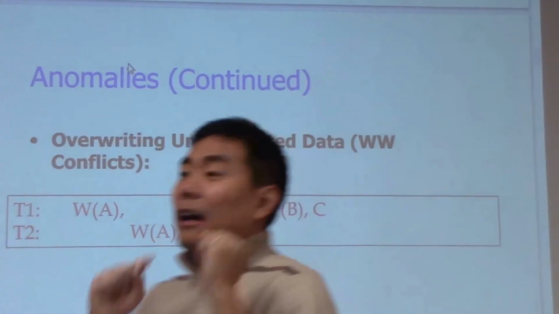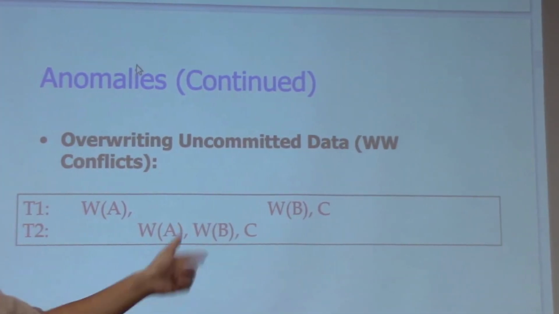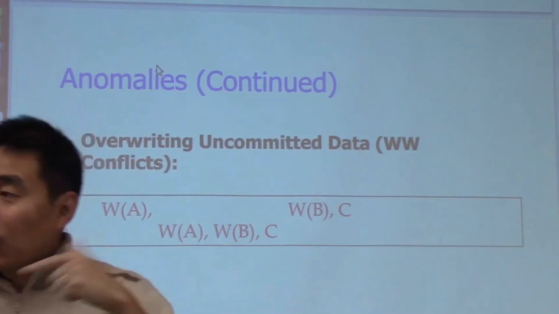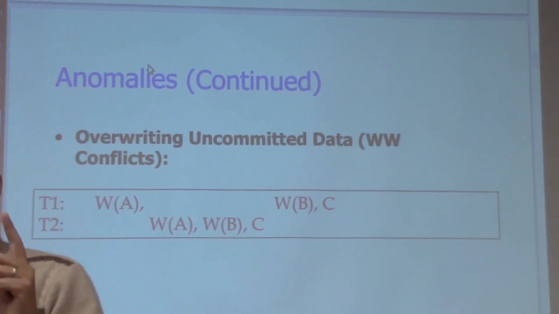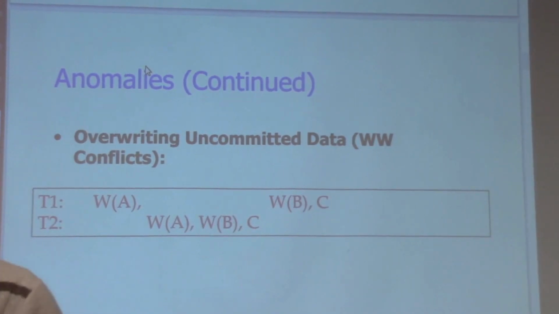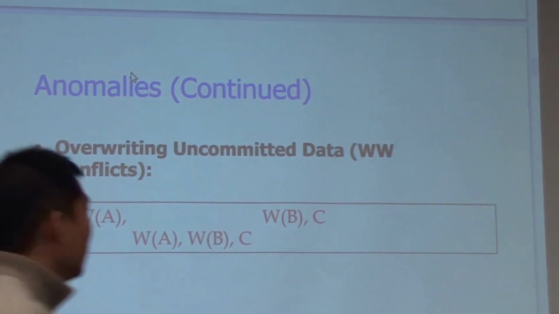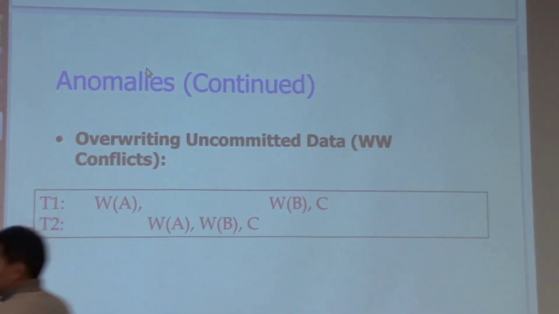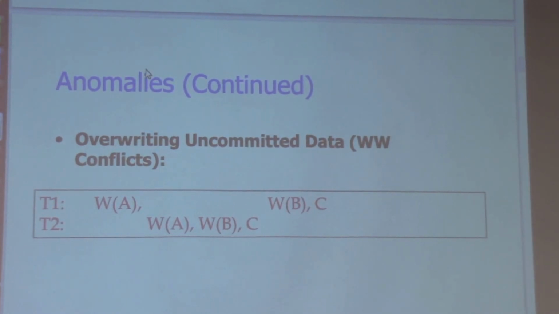So the only thing left is how we can prevent conflicts, any type of conflict like this, like one of the 3, from happening. For that, we use locking. In particular, we use something called strict two-phase locking, or in short, strict 2PL. Two-phase locking. And I will talk about that on Thursday.